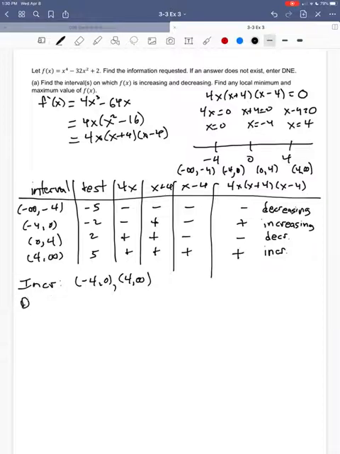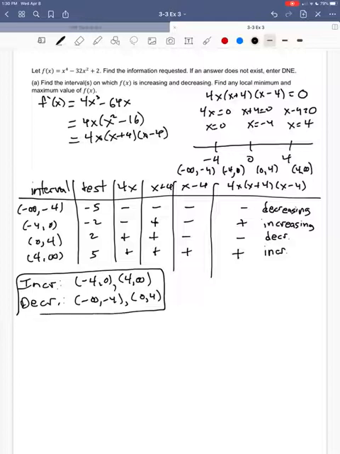It's decreasing then in those other intervals. So from negative infinity to negative 4, and from 0 to 4. And that's the first part of this. Find where it's increasing or decreasing.